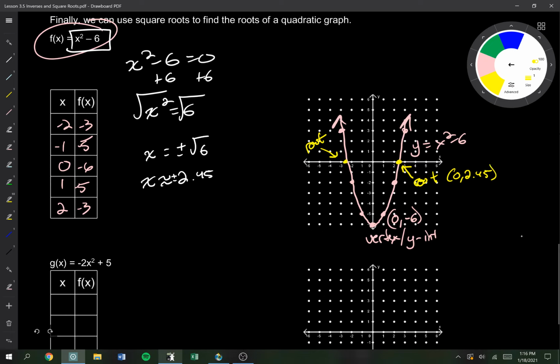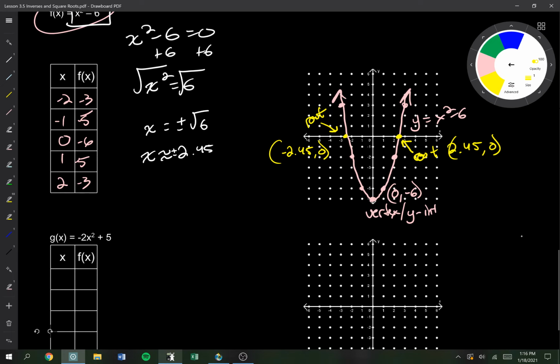The other root is at negative 2.45. I wrote that one backwards. So to find roots, you just do some square rooting. Just do a little bit of solving. It's really quite simple. We'll do one more just, because we're having fun.